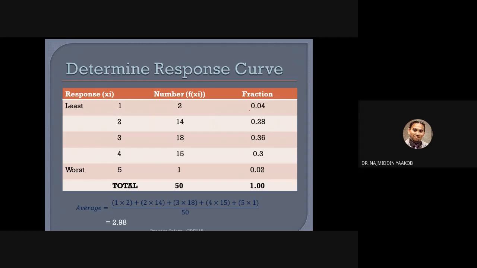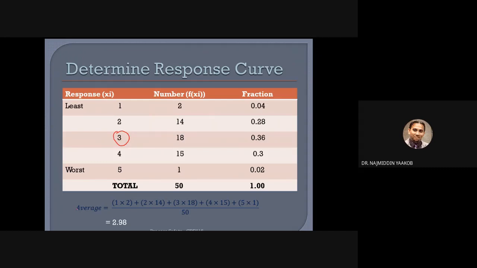And we can see here that at the lowest response, out of 50, only one rabbit responded worst to the toxicology study. And the highest response comes at number 3, which is a medium response.